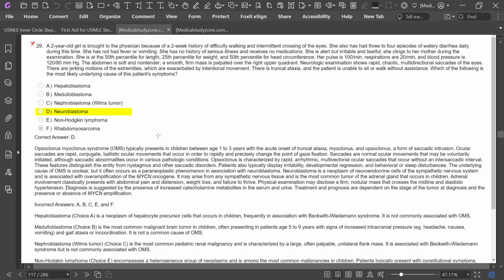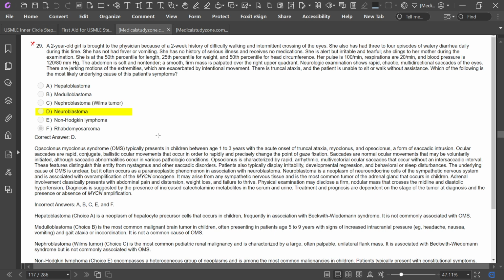Ocular saccades are rapid, conjugate, ballistic ocular movements that occur in order to rapidly and precisely change the point of gaze fixation. Saccades are normal ocular movements that may be voluntarily initiated.